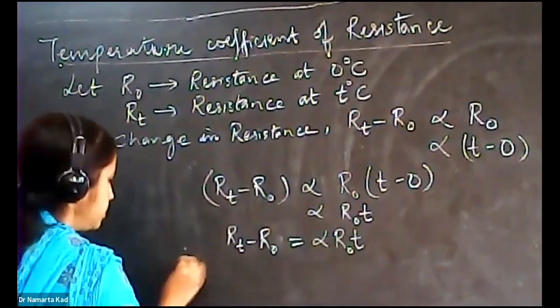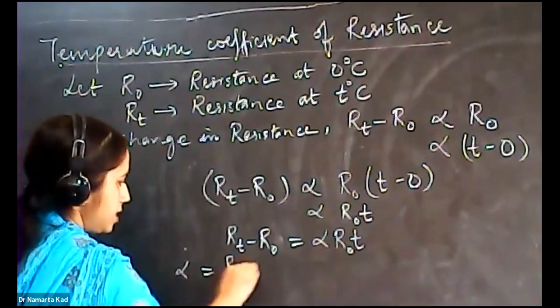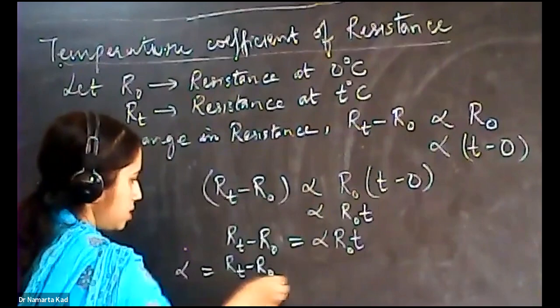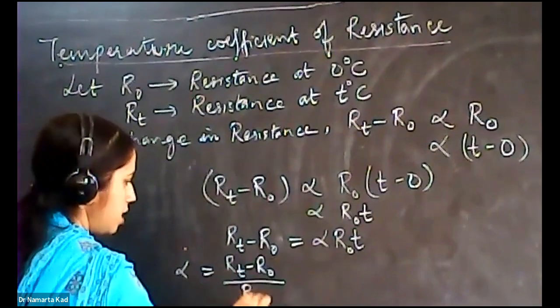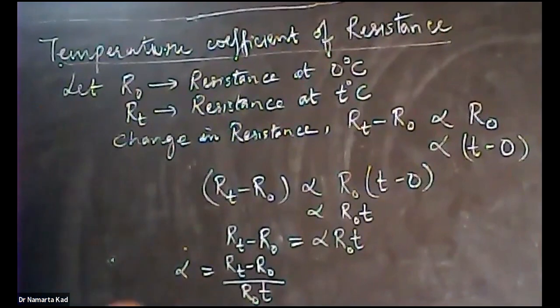So, alpha is equal to RT minus R naught divided by R naught into T. This is the formula for alpha.